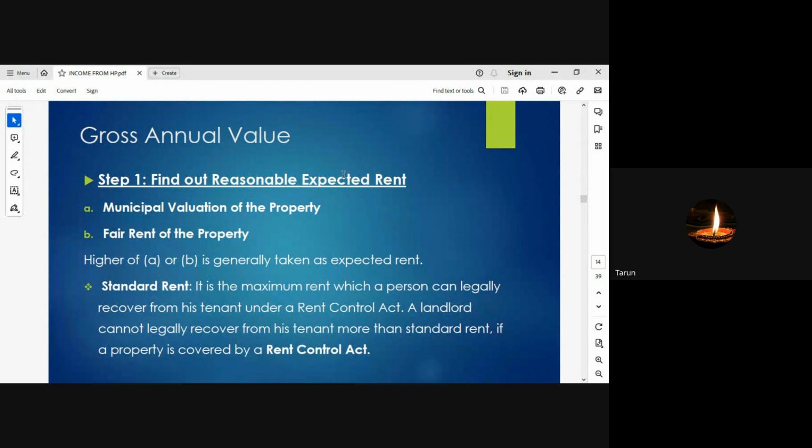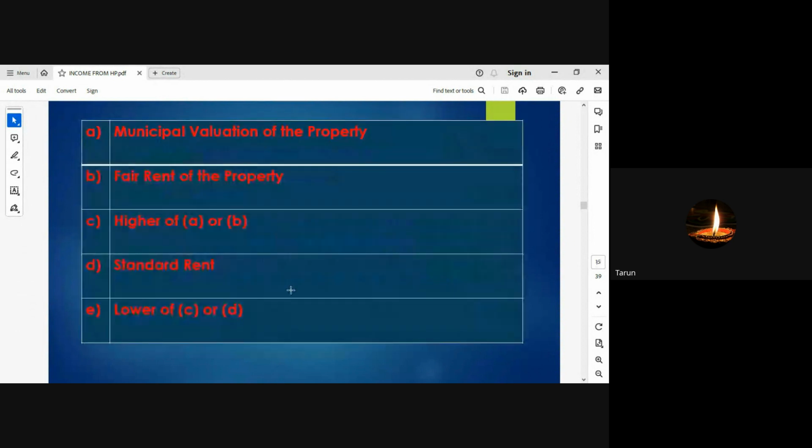So this is the format: municipal value of the property and fair rent of the property, whichever is higher; then the standard rent; and whichever is lower, C and D, because the expected rent should not exceed the standard rent. Whichever is lower between the two, that amount will be considered. Any doubts until here, students?